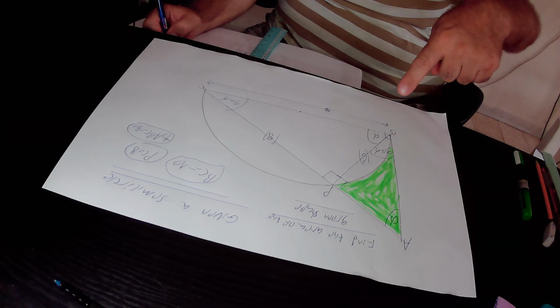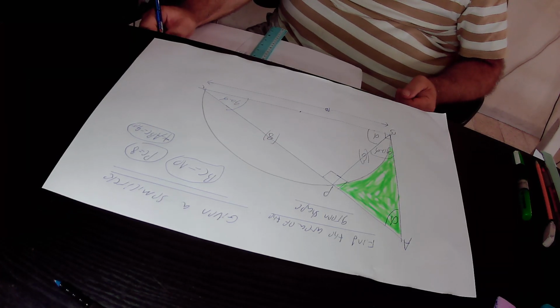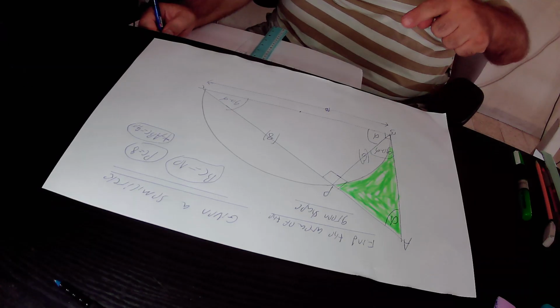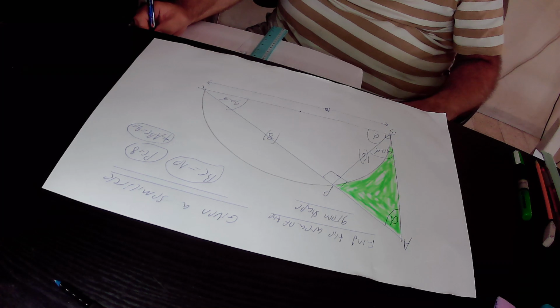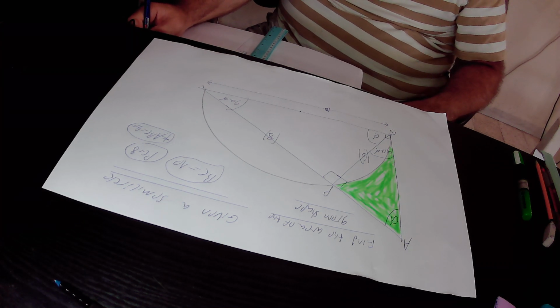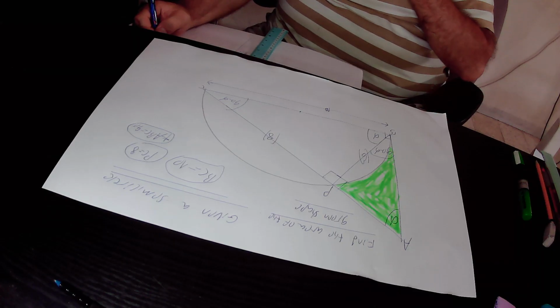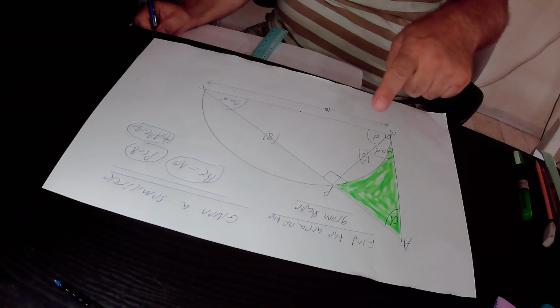PB is the common side that belongs to both triangles, and it is also equal to side PB of the right triangle APB, over side PC of the right triangle PBC.